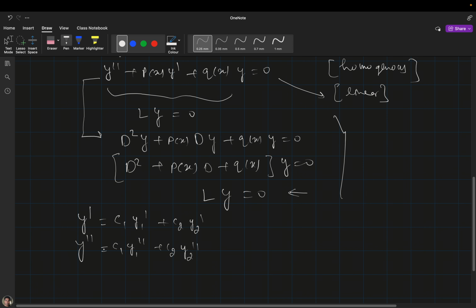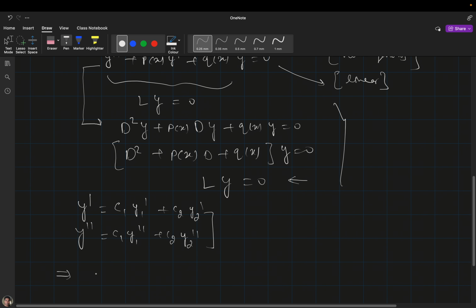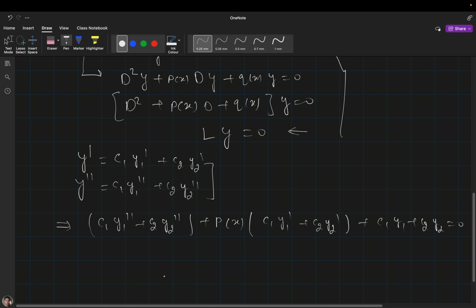Now plug these two into this equation. Then you will see that c1 y1 double dash plus c2 y2 double dash, plus p of x times c1 y1 dash plus c2 y2 dash, plus q of x times c1 y1 plus c2 y2 equals 0.